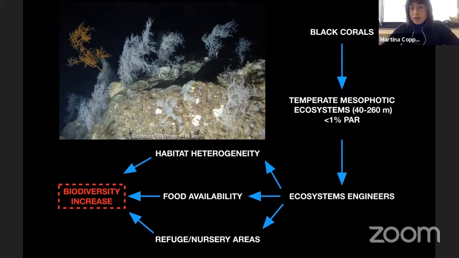Black corals are also defined as ecosystem engineers because, due to their three-dimensional and arborescent morphology, they increase the heterogeneity of the habitat, providing also food, refuge and nursery areas for many associated species, thus increasing the biodiversity.